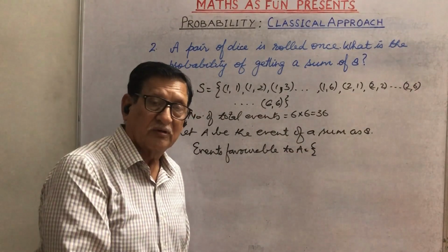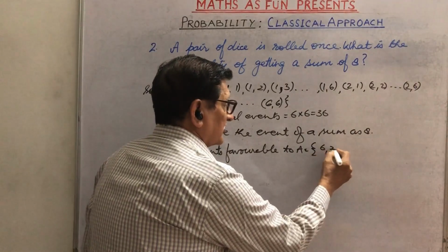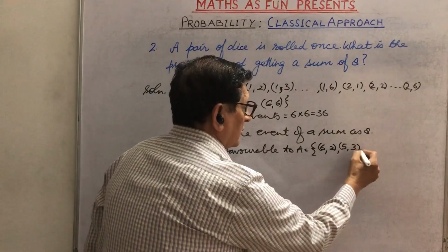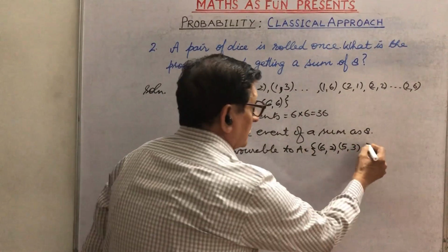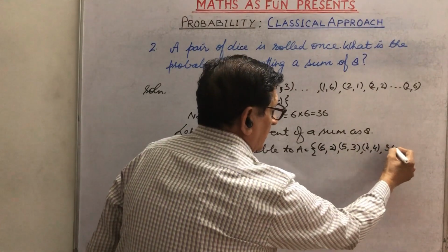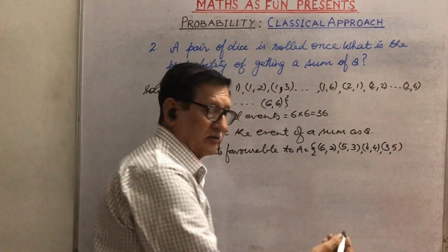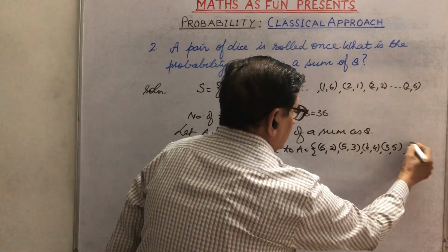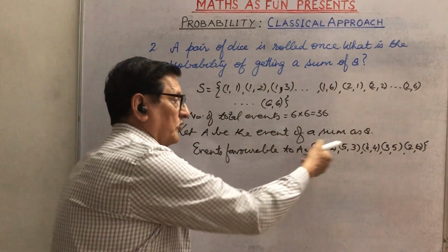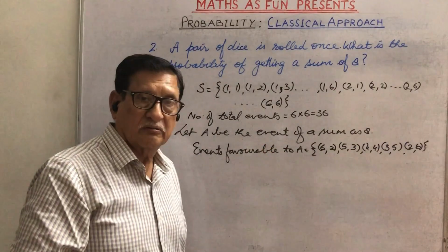Having a sum of 8. That may be 6 2, 5 3, 4 4, 3 5 and 2 6. These are the only events which give a sum of 8.